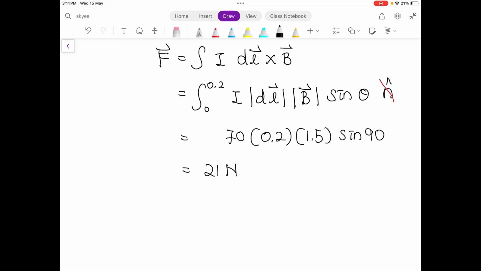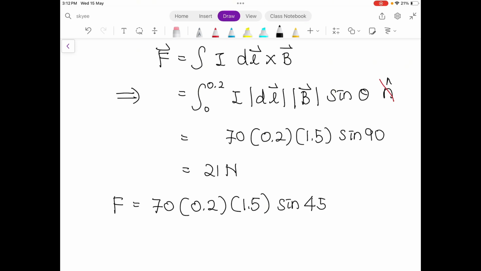Because we only talk about the magnitude, it is 70 multiplied by 0.2 multiplied by 1.5, the same thing, but now you replace sine 90 with sine 45.